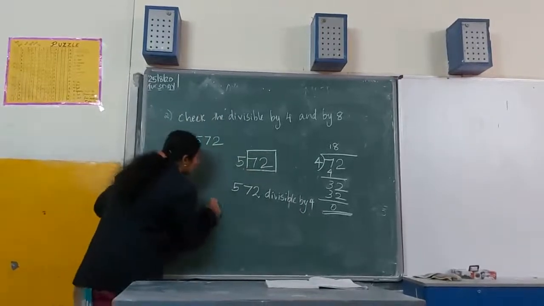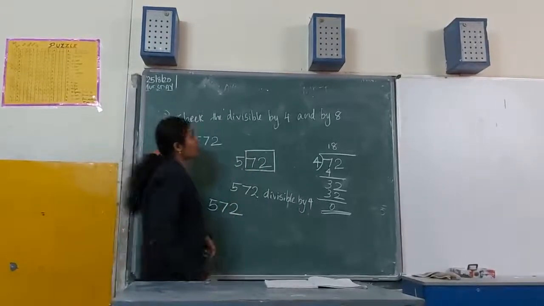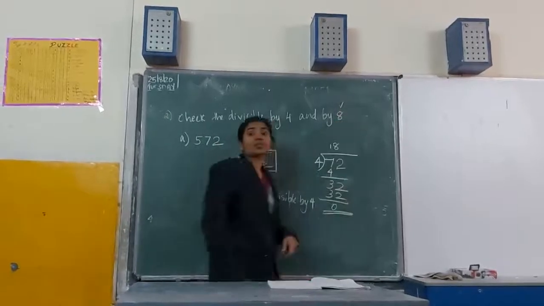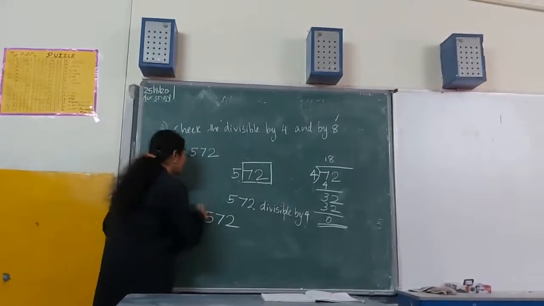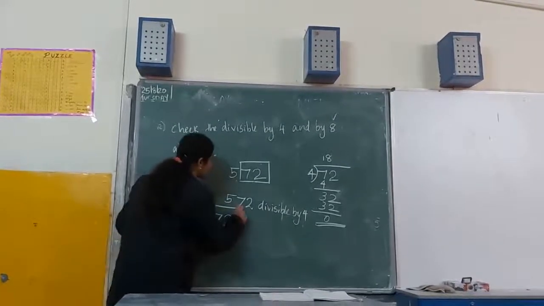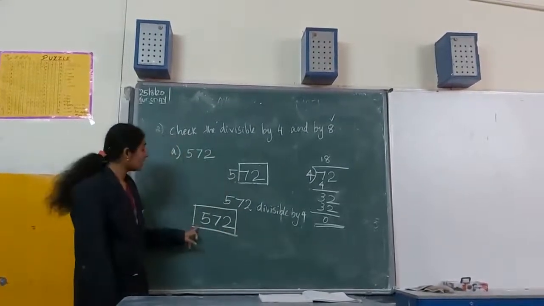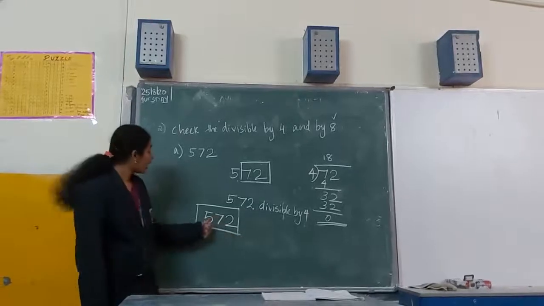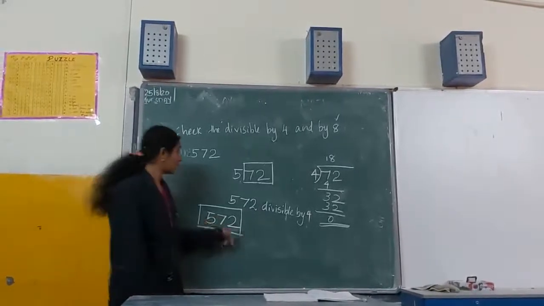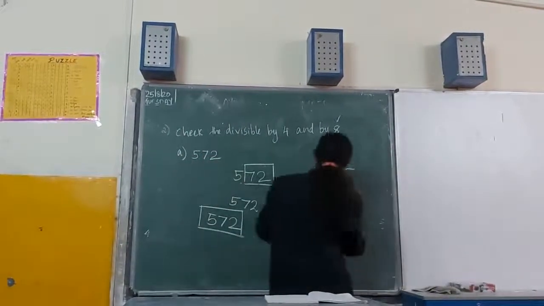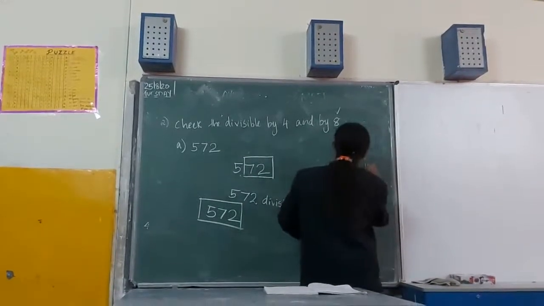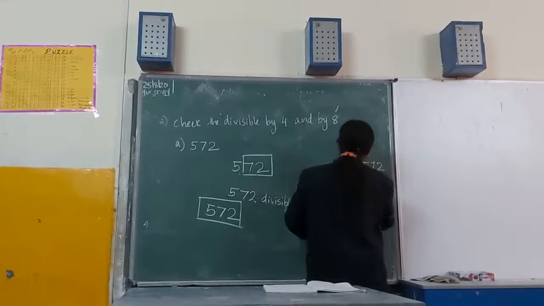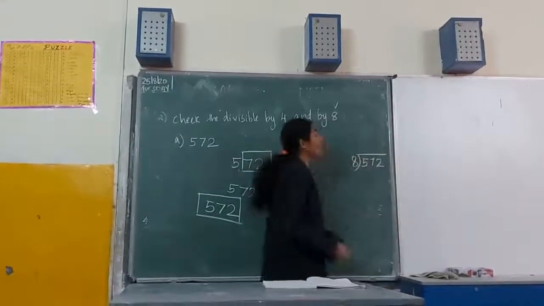See, now the same number you want to check the divisibility by 8. How to check it? By seeing the last three digits of the number. That is the same number itself. How to check the divisibility? Divide it by 8. 572 when you are dividing by 8, what you will get?